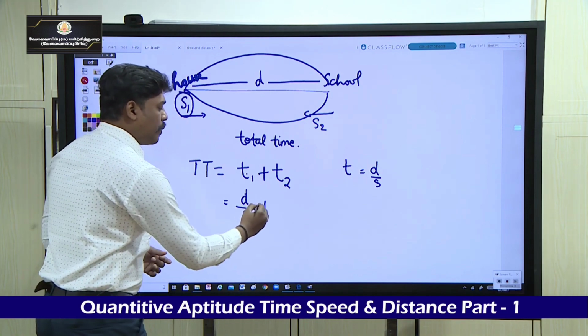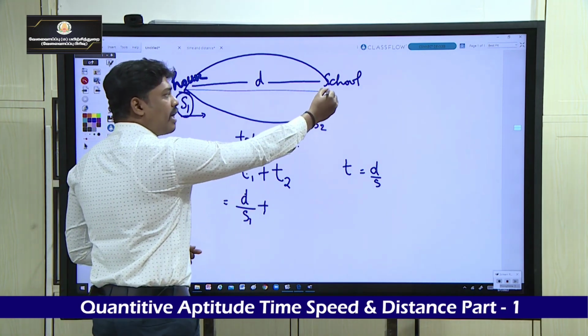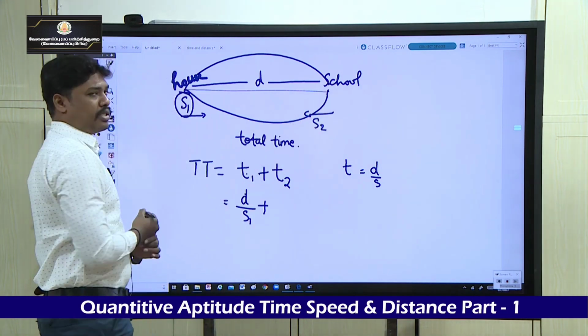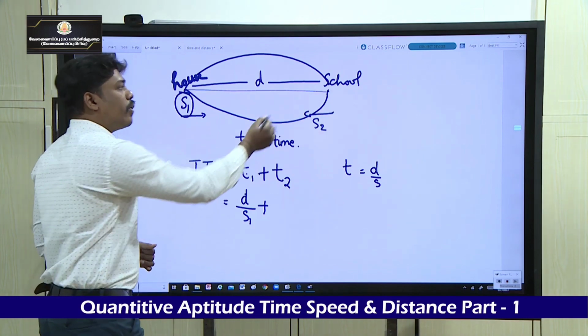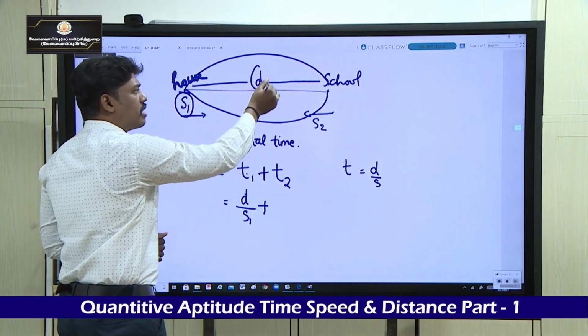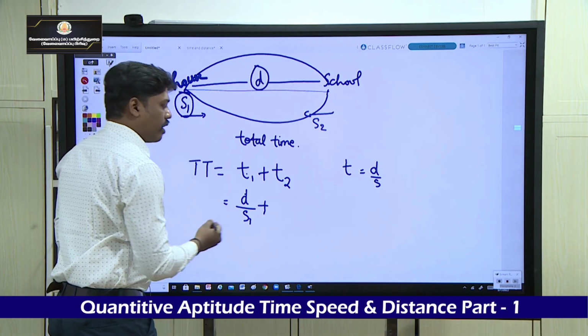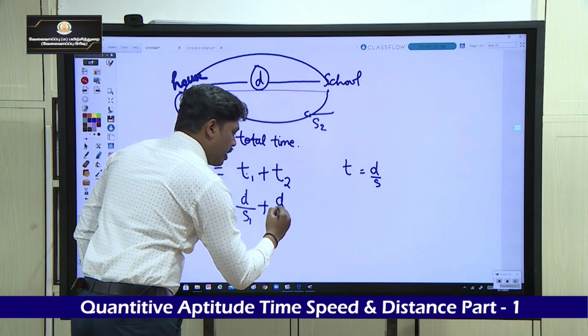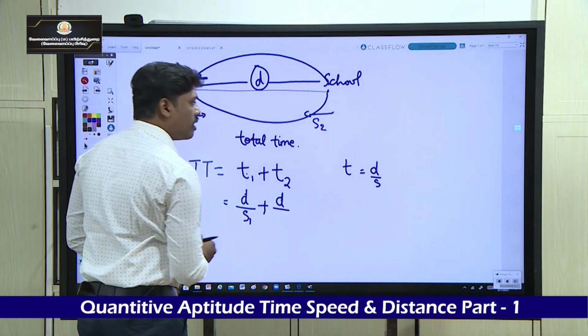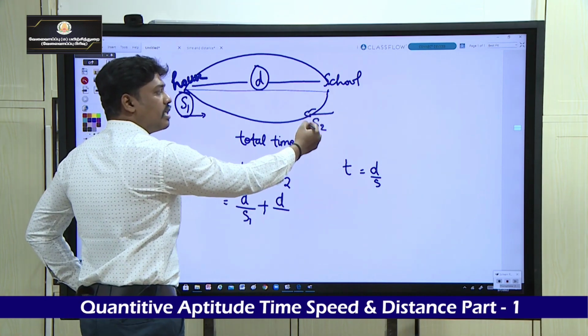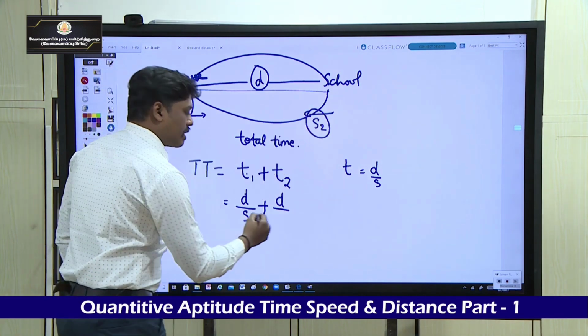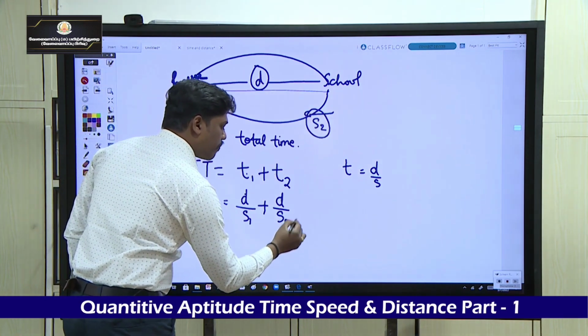Next, T2 means the time taken from school to reach his house. Again, the distance being the same, it is D. He is coming at a speed of S2, so T2 is D by S2.